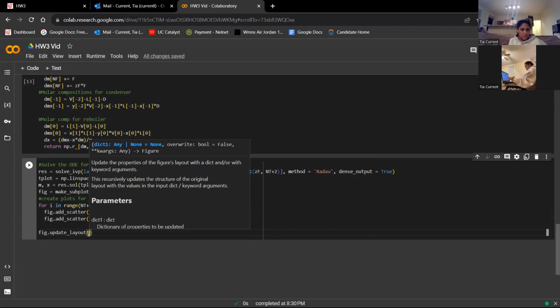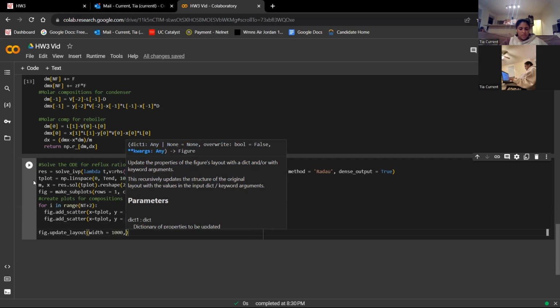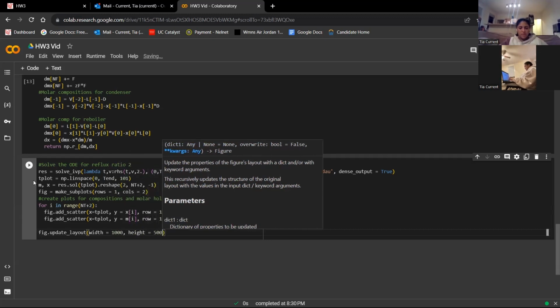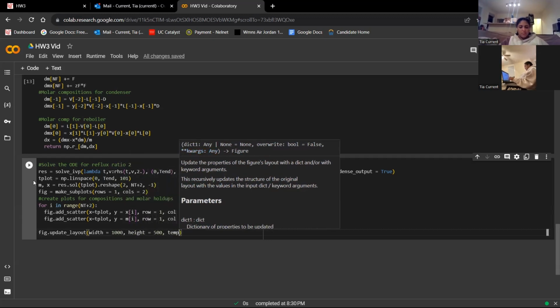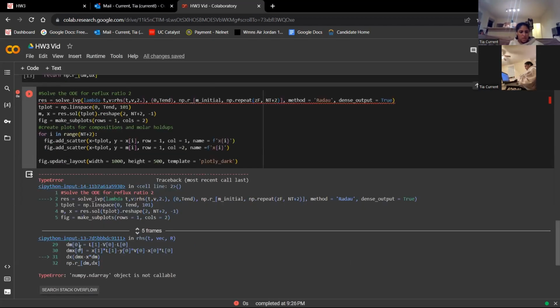And then oops, plot we underscore dark because we like dark mode. And then where did I mess up here? Numpy in the array object is not callable.